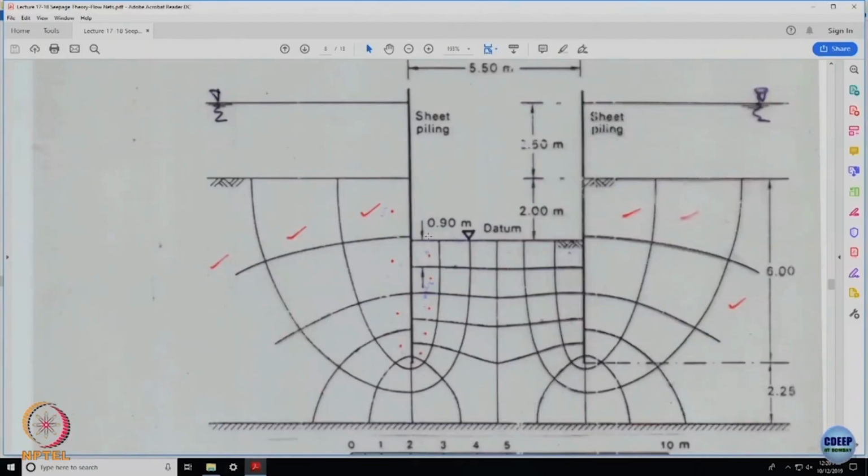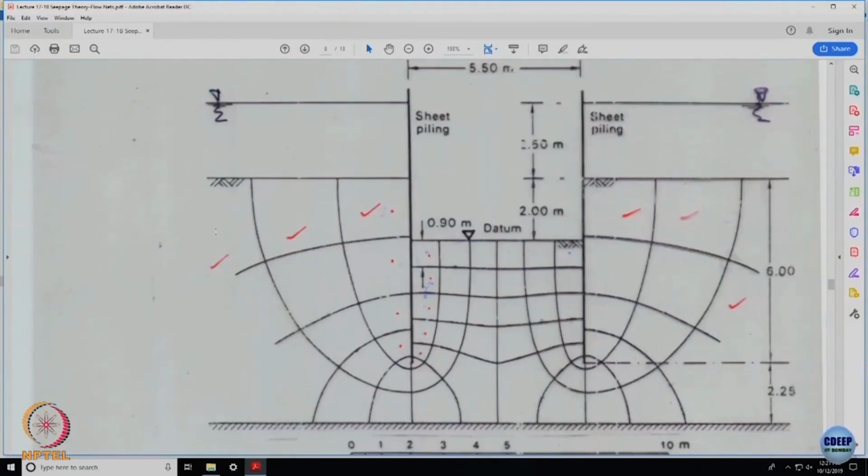Is this part clear? How many flow lines are there? Ticks. This is the first flow channel, this is the second flow channel, this is the third flow channel, and so on. There would be a flow channel which will be grazing through the horizontal plane at infinite distance on both sides. So that means this is NF number 1, NF number 2, NF number 3, but truly it is not 3, it is 3 point something, clear.